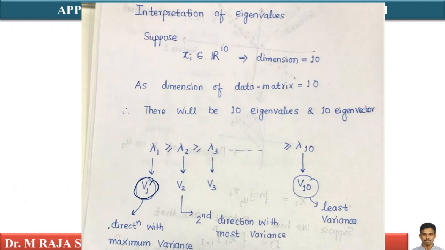What is v1? This is important. The direction with the maximum variance. What about v2? The second direction with the most variance. What about v10? The direction with the least variance is v10. That's what your eigenvectors v1, v2, and so on up to v10 indicate.